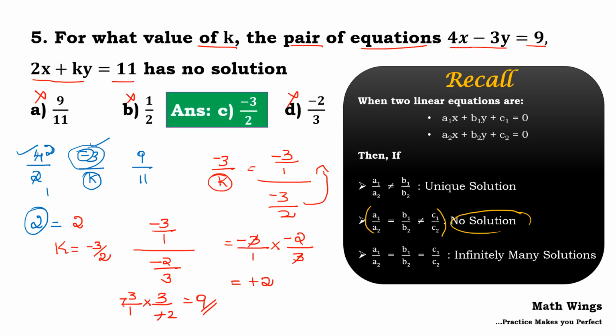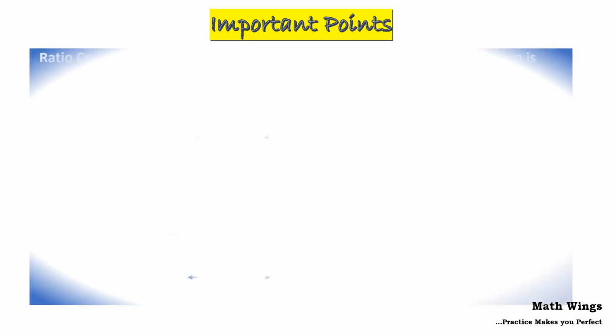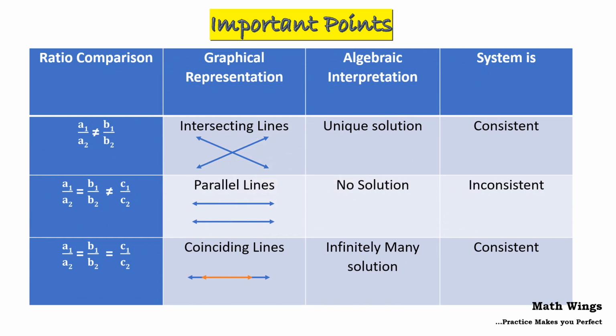So, students, let us go to the concepts we have come across in today's class. Here I have the important points which you should remember, right? In this chapter we have only these concepts which are important, and you should remember all of these.